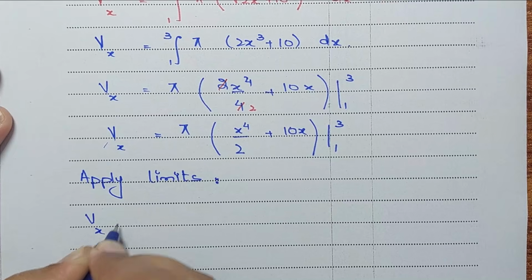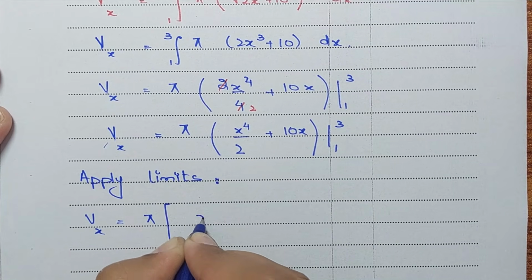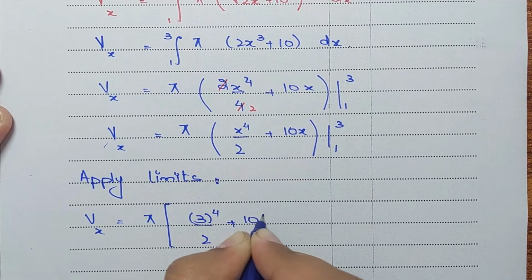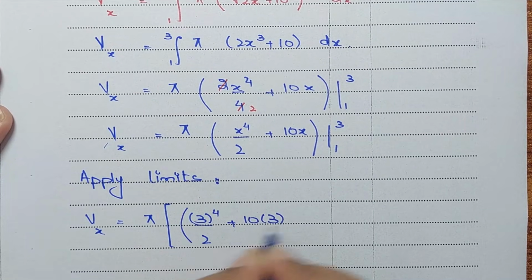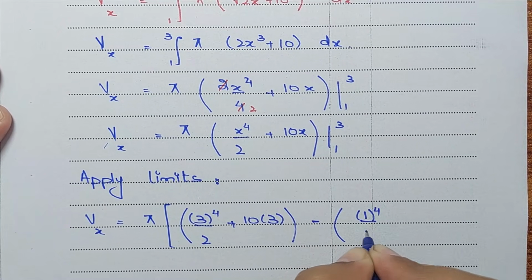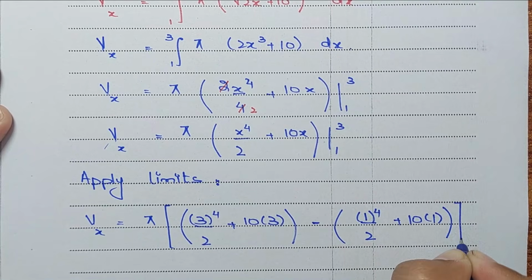So the volume becomes pi. The upper limit is 3 to the power 4 over 2 plus 10 into 3. This is the upper limit. Subtract the lower limit, 1 to the power 4 over 2 plus 10 into 1. This is the lower limit.